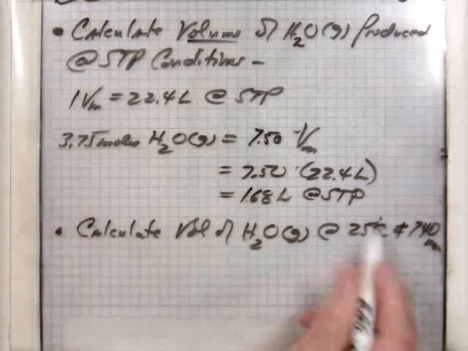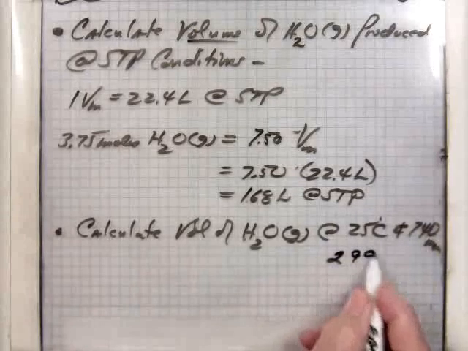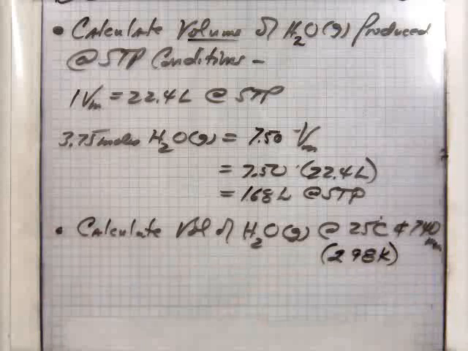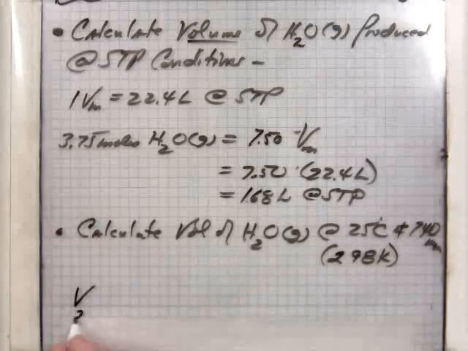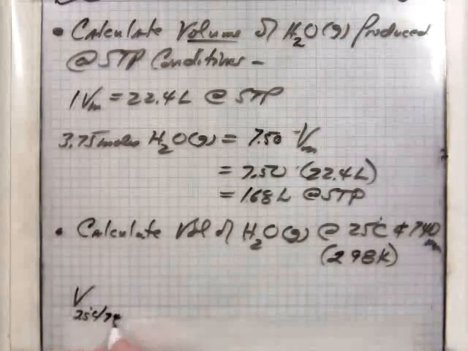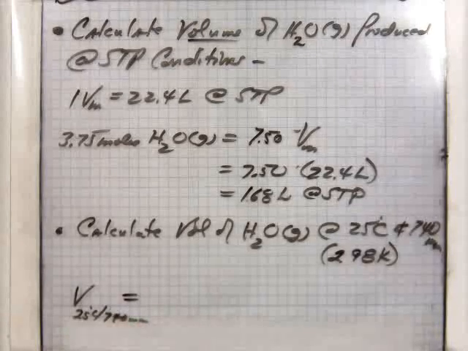So what I tell people to do in cases like this, well, all gas laws need to be converted to Kelvin, worked in Kelvin. This is 298 Kelvin, 273 plus whatever Celsius value you have. So the volume at 25 degrees C and 740 millimeters is an adjustment. Now listen to what I'm saying.